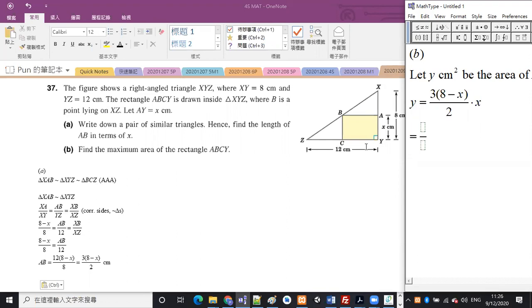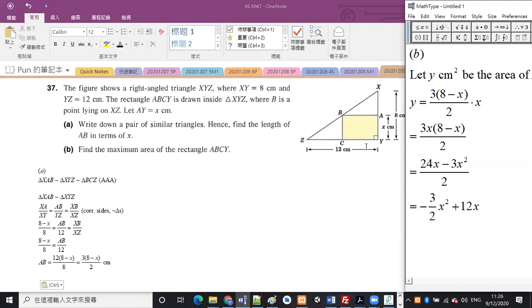Multiply the x to the top. So 3x times (8 minus x) divided by 2, and then expanding the bracket, it will be (24x minus 3x squared) over 2. Okay, and then it becomes negative 3 over 2 x squared plus 12x. So this is the y in ABC form.